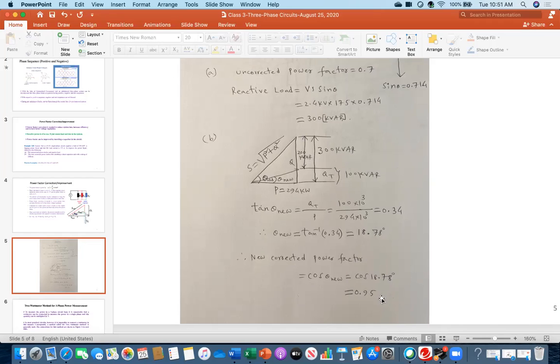In the problem, the improved power factor value was given. That one is a little bit tricky. So I think this value and this value were given in the problem, and then you are asked to find the capacitor value in farad. So, to solve that, I'm giving you hints for problem number 6.